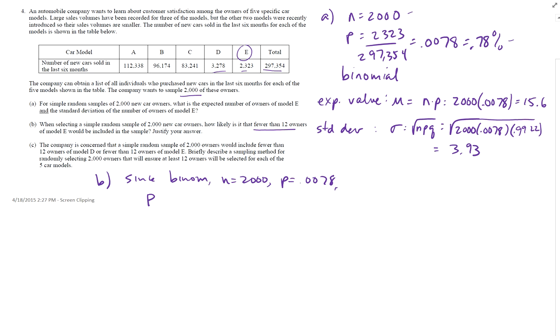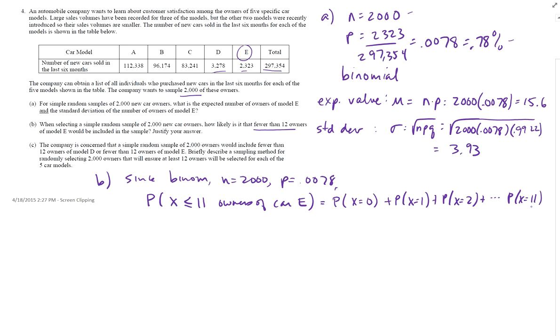Isn't this the probability that I choose fewer than 12, or less than or equal to 11 owners of car E? So this is really a cumulative distribution. This is equal to the probability that I get x equal 0 plus the probability that I get x equal 1 plus the probability that I get x equal 2, all the way to the probability that I get x equal 11, right?